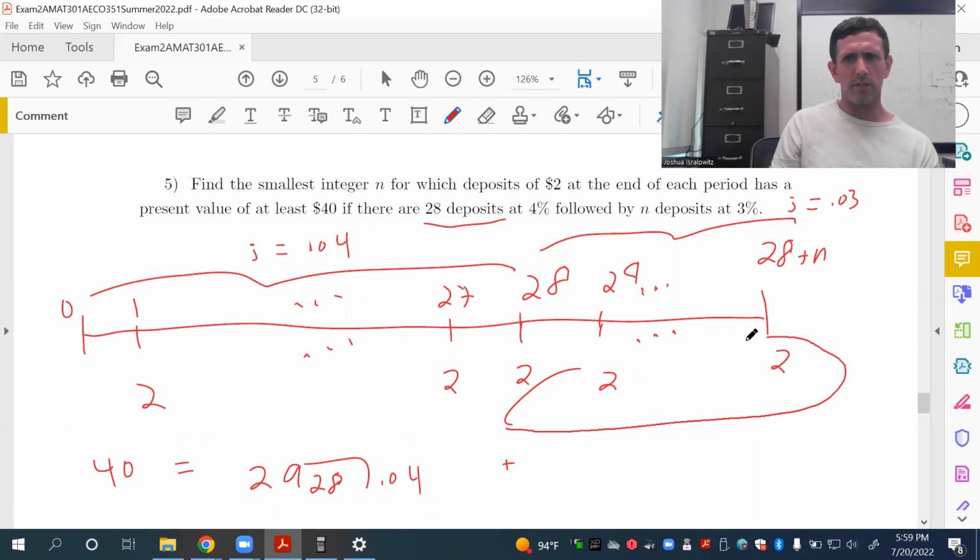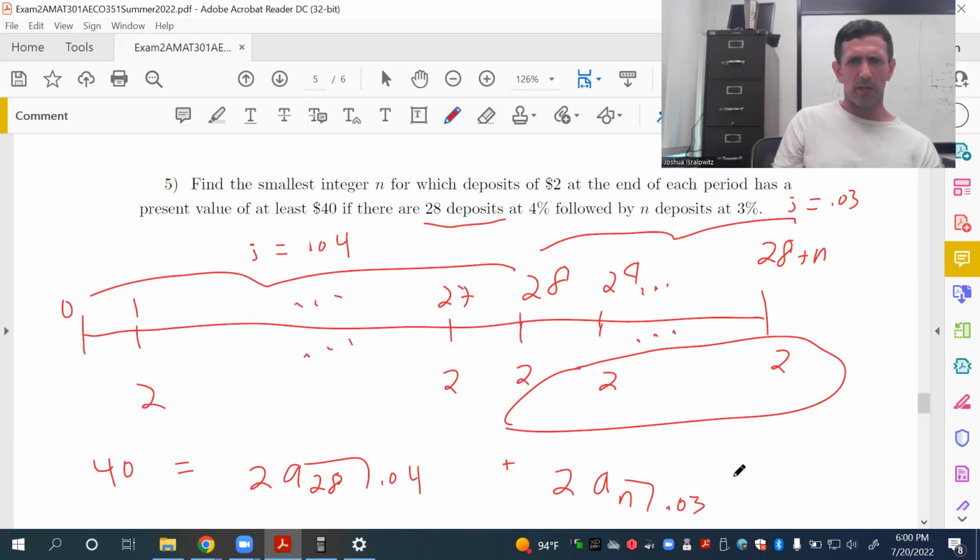So we're looking at these payments of $2, where the beginning of the first payment period is t equals 28. So this is going to be 2a_n. Sorry, it's 28 to 28 plus n, so that means it's n periods.